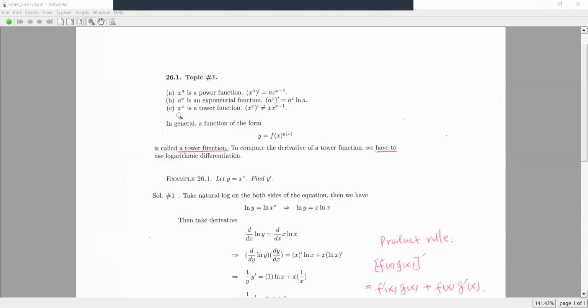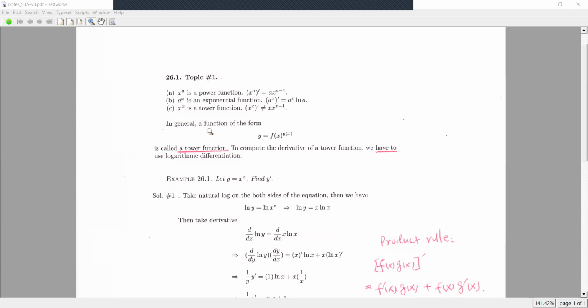When the base and the power both are variables, the function is called a tower function. For a tower function, no formula is available to compute its derivative. Some people may apply the formula for a power function to compute the derivative of a tower function, but that is wrong.